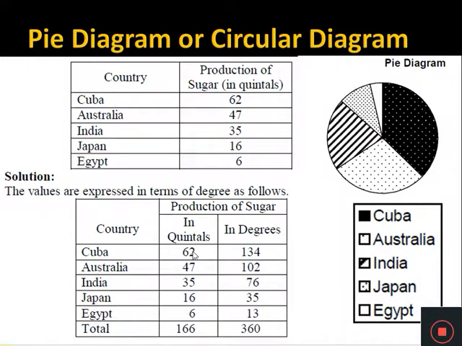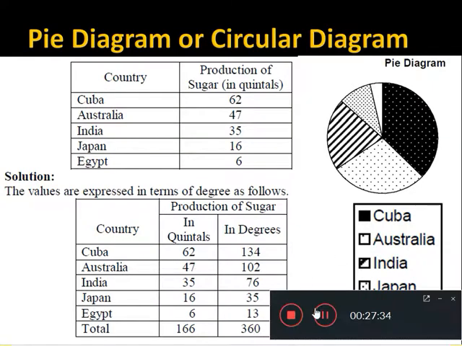For Cuba it is 62, Australia 47. You take the total, it is 166. So the total production of sugar is 166, out of which 62 is contributed by Cuba. You convert it into degrees for this particular circle. The total angle is 360.